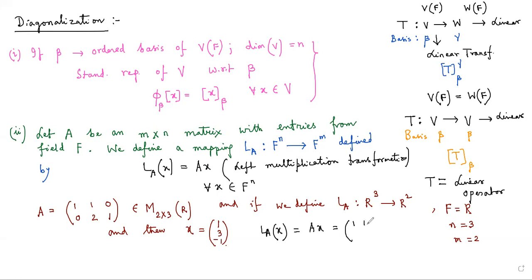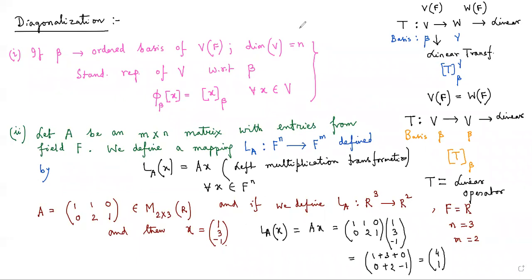So actually we are getting the matrix 1, 1, 0; 0, 2, 1, and the vector (1, 3, minus 1). And you multiply this, you will get 1 into 1 plus 3, 1 into 3 plus 0, and that would be 0 plus 2 minus 1, and this becomes 4 and 1, which of course is a column matrix.